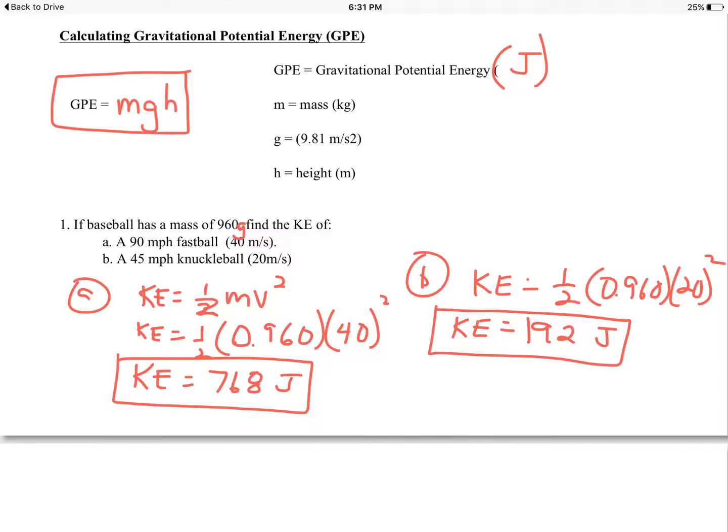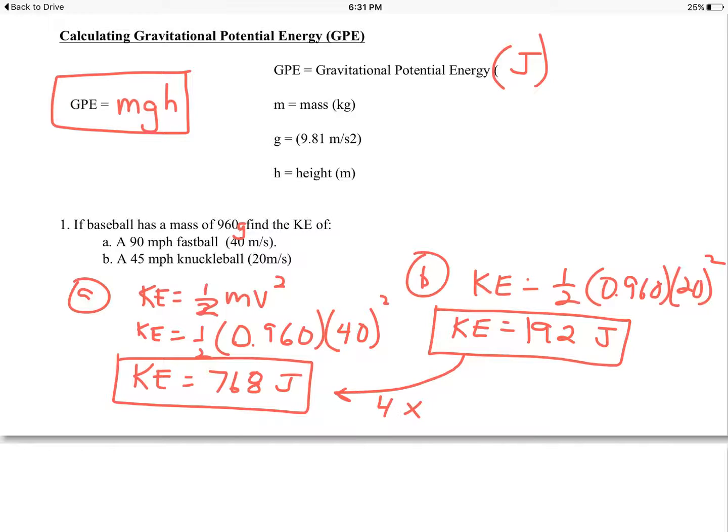One thing to notice here is that this second computation, compared to the first, is 4 times smaller. In other words, when something's moving half as fast, it has 1/4 of the energy, or we can switch it around. If it's moving twice as fast, like the fastball, 40 meters per second versus 20 meters per second, it has 4 times as much energy.